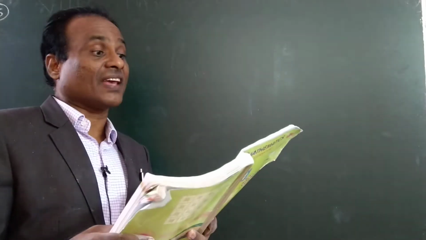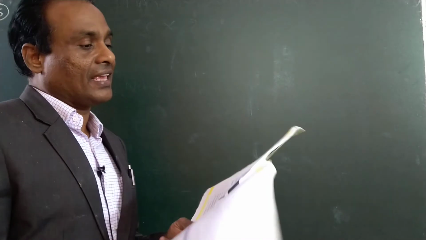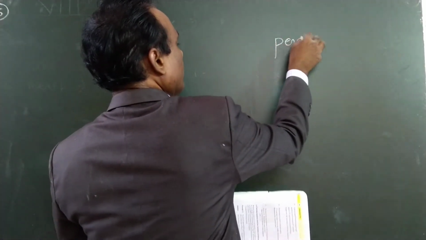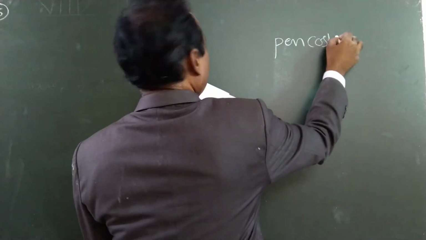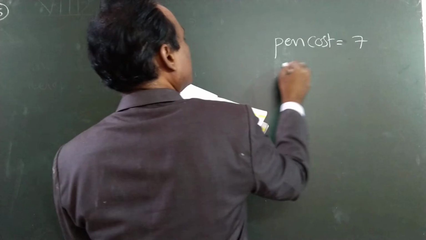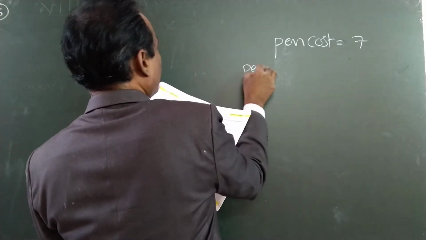See here. A person spent 564 rupees buying pens and pencils. What is the cost of the pen? 7 rupees. The pencil costs 3 rupees.